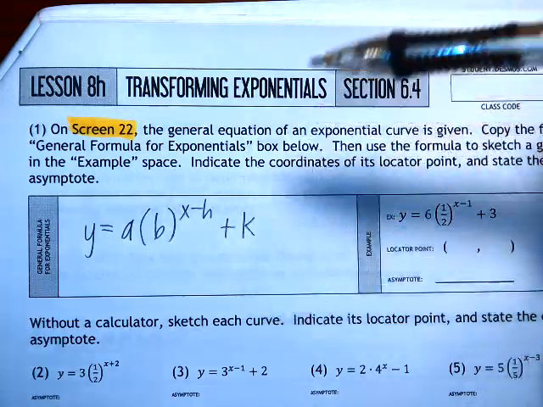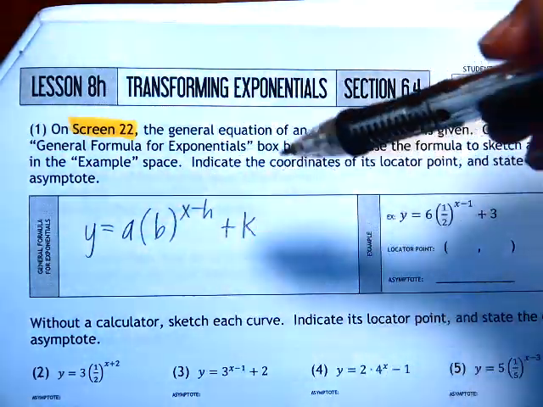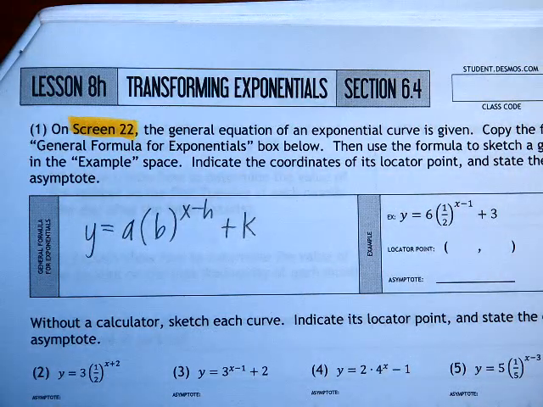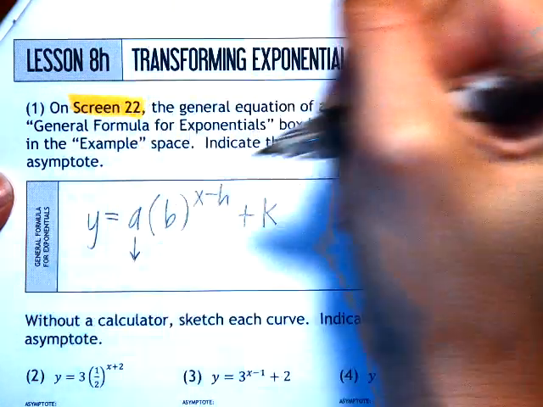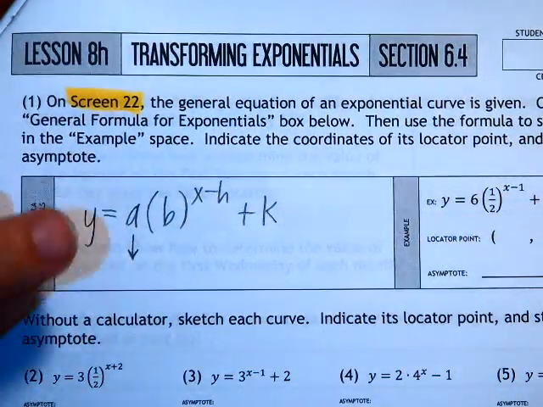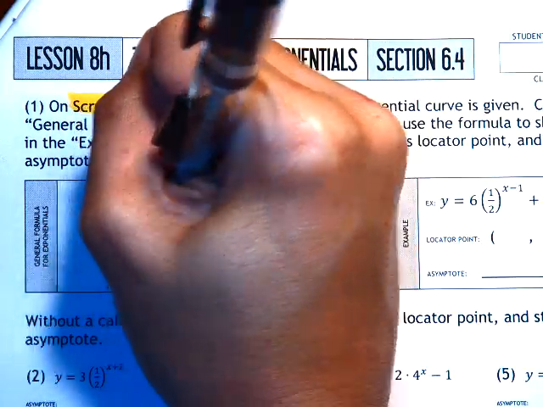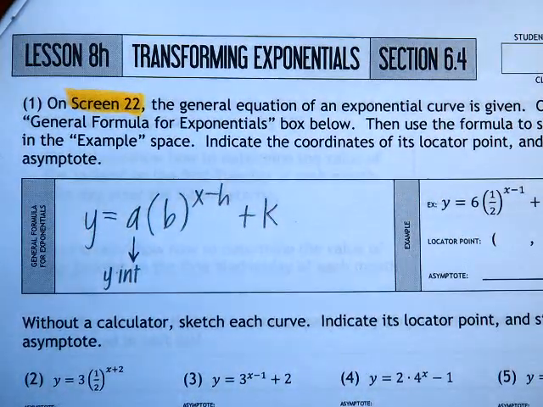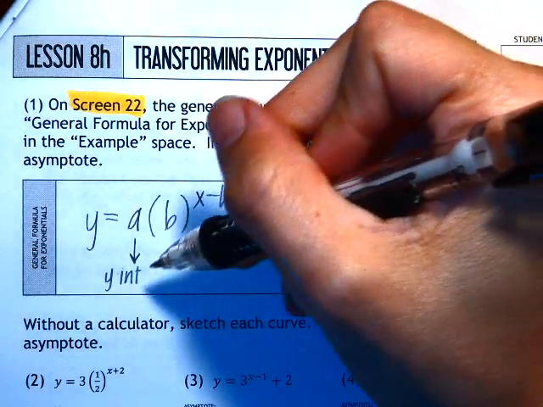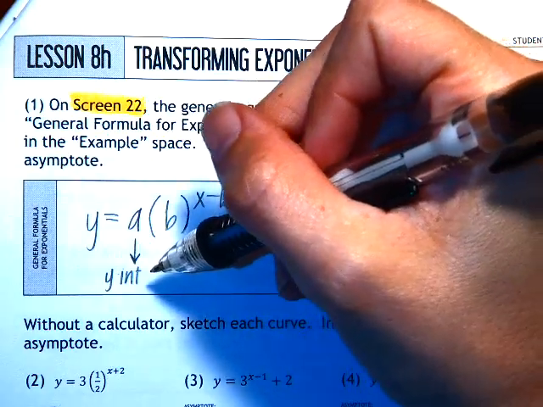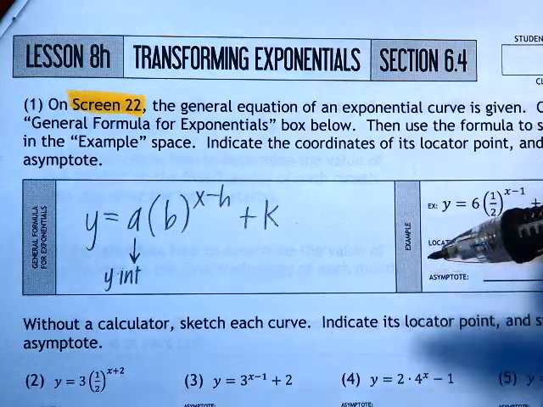Now, that formula dictates several important things about our exponential graph. In general, the a value, or the number in the front, some of us call it the initial value, controls the y-intercept of our graph. I'm going to use that phrase y-intercept kind of lightly though, so keep in mind as we're watching these videos, the phrase y-intercept will evolve a little bit, and I'll adjust this when we get there.